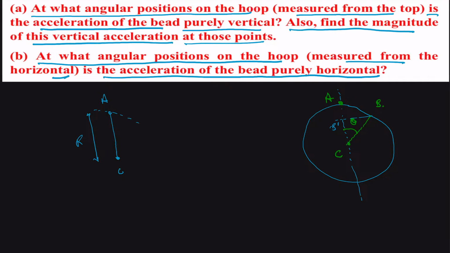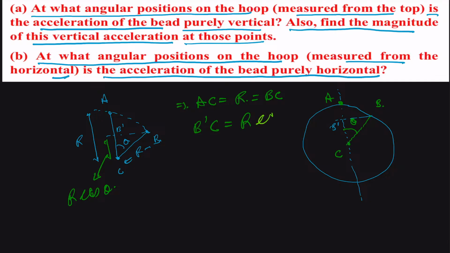And we have a point B, with the perpendicular foot called B prime, and the angle is theta, and BC is also R. Therefore B prime C is R cos theta. So AC is equal to R, which is also equal to BC, and B prime C is R cos theta.